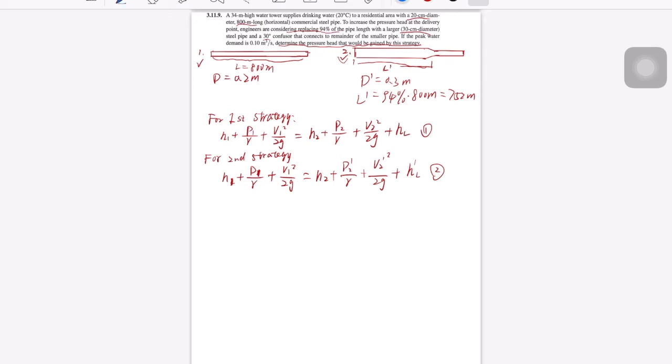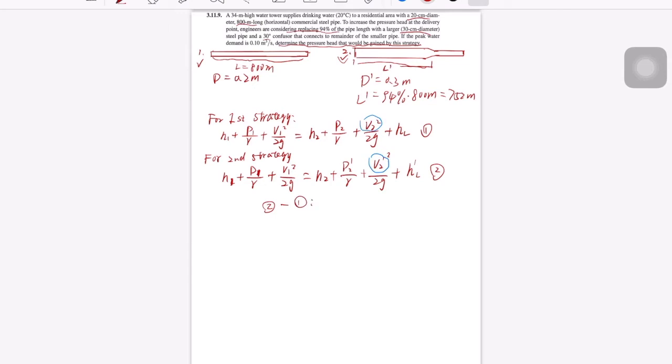So because the pipe at the delivery point didn't change, the V2 equals the V2 prime. And then we use equation 2 minus equation 1.